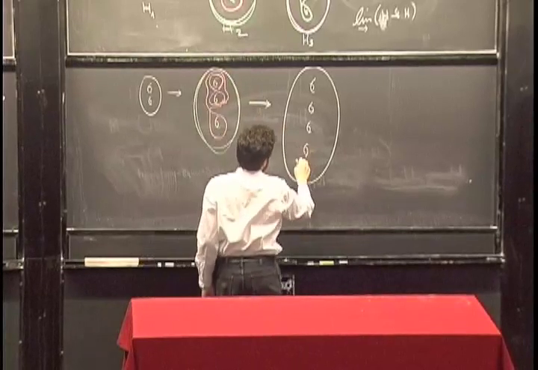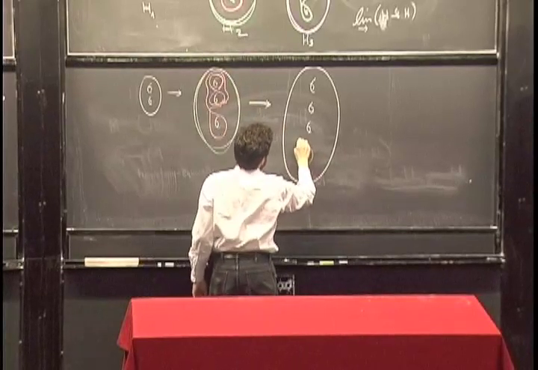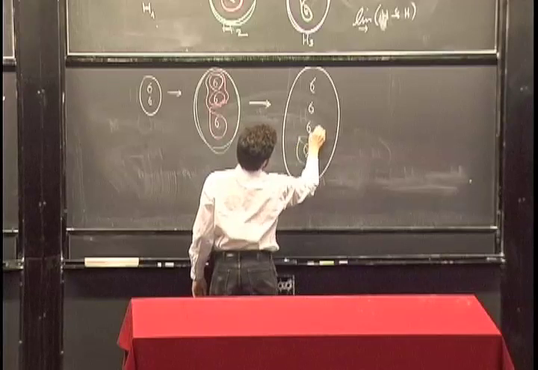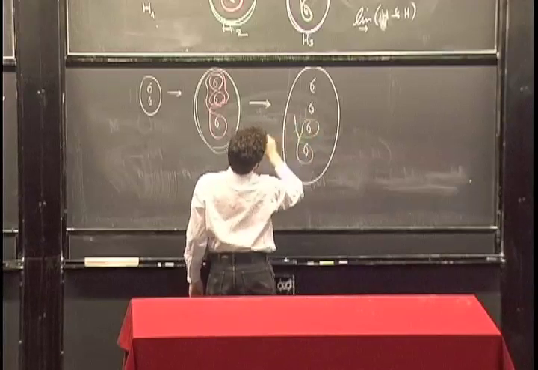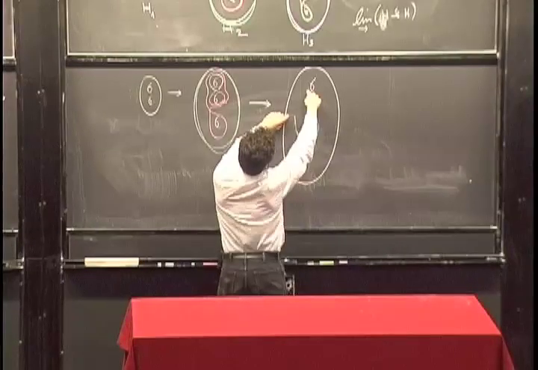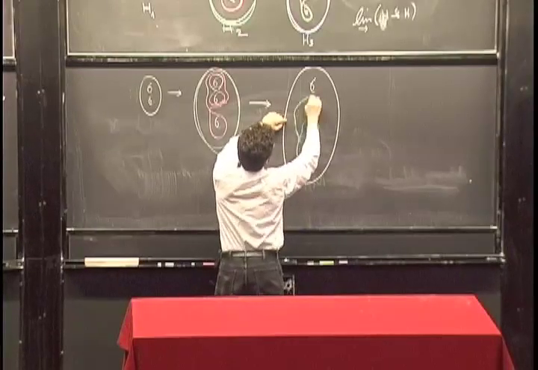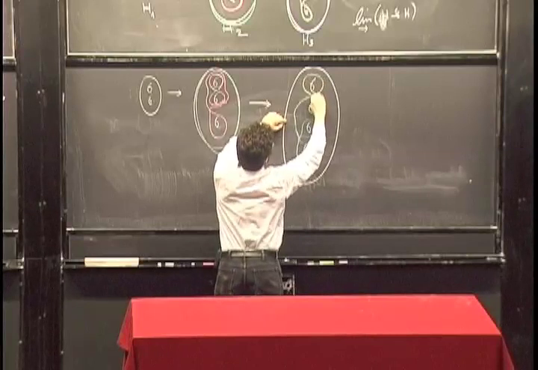I'm going to map the 3-hole handle body like this. Say the first hole goes here. Say the second hole goes here. I thicken that up. And the third hole, I want to kill it somehow. So let me just draw it. I'm going to do something like this.